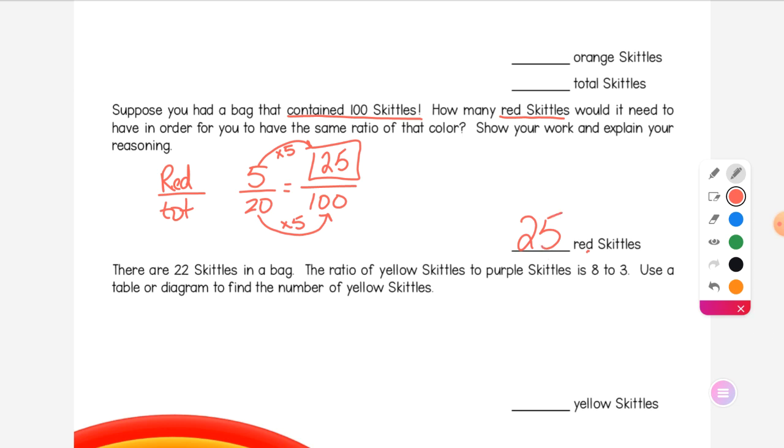I want you guys to look at your work and answer for the third one and see if you still agree with it or if you could add to your work. Try your third one. It's different than the first two. Each of these is a little bit different.